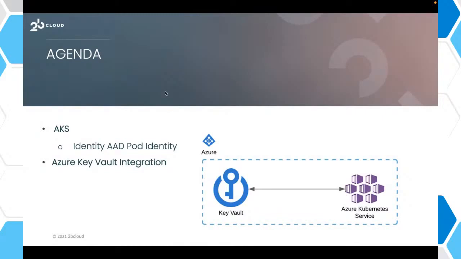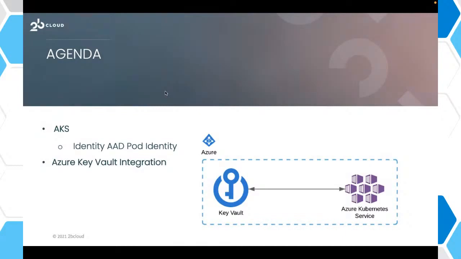Who knows? So the secret store CSI driver allows Kubernetes to mount multiple secrets, keys, and certificates stored in enterprise-grade external secret stores into their pods as a volume. So once the pod volume is attached, the data in it is mounted into the container's file system.